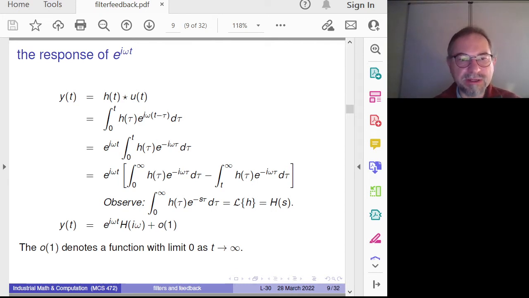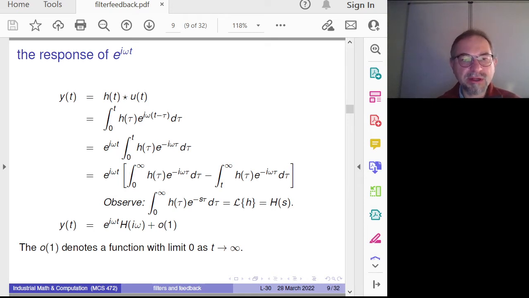So what you see here is that we can move out one part, so actually we get an exponential that comes in, an exponential goes out, and then we rewrite our integral to get a Laplace transform in there. So we want to write the solution, the output signal, in function of the transfer function of the filter.